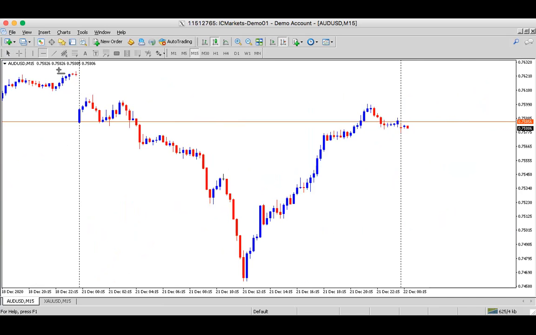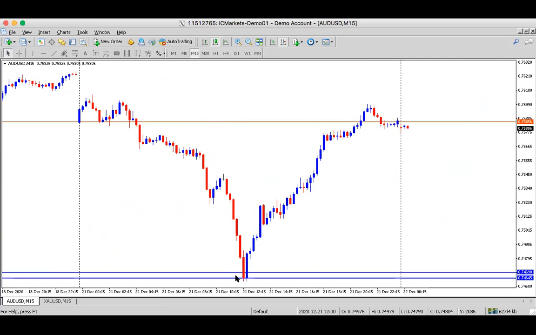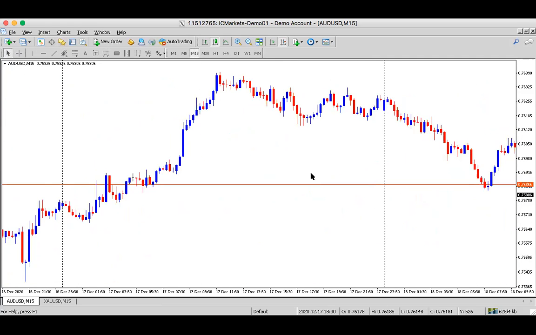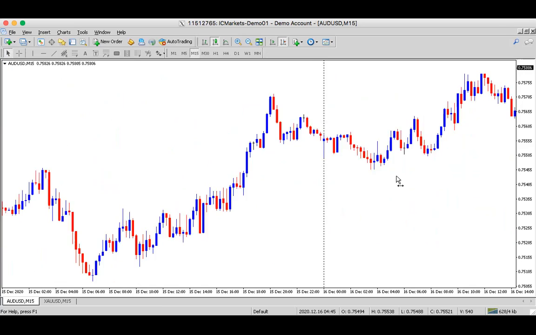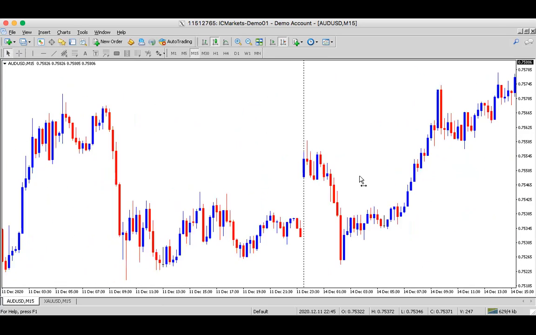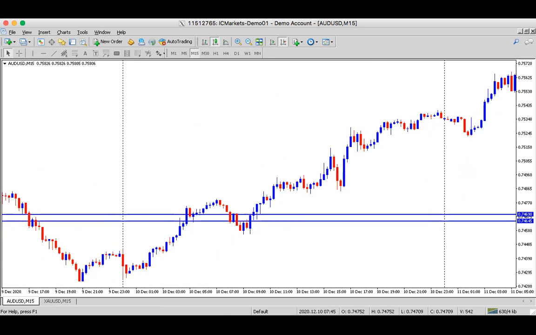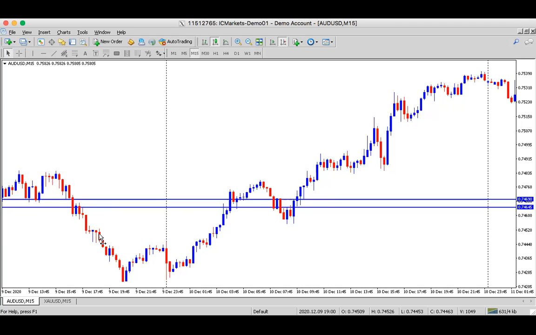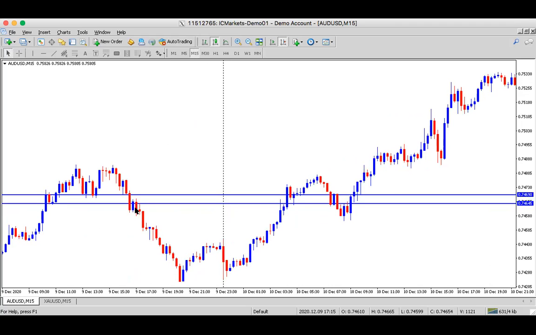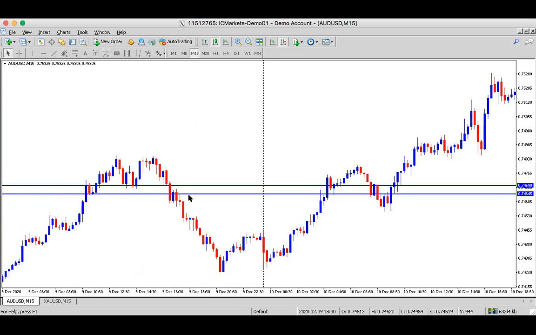If I put a zone here and I walk backwards, I'll find something at that point. So you can see what I found there, right? Can you see this?